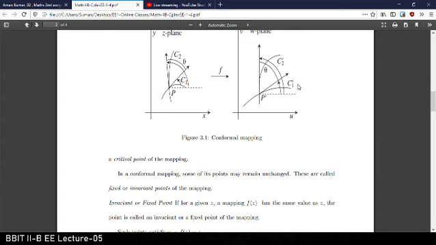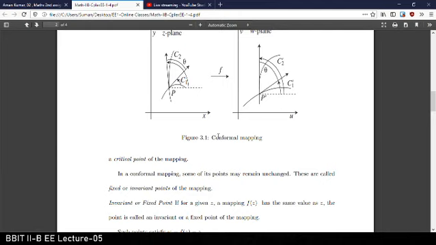Now consider the images C1 dash and C2 dash. Here also we will find a similar angle. This is the tangent to C2 dash and this is the tangent to C1 dash. The angle between these two is theta. It could be different, but if the angle between the curves in the Z plane and the angle between the image curves in the W plane remains the same, then it is called conformal.